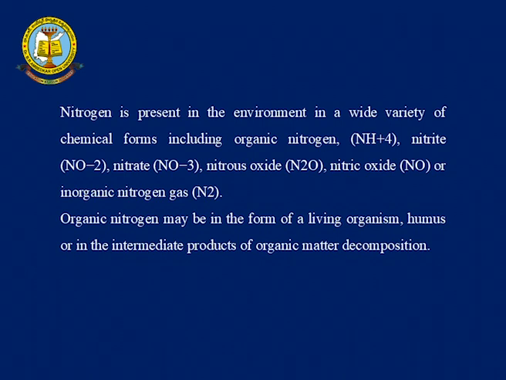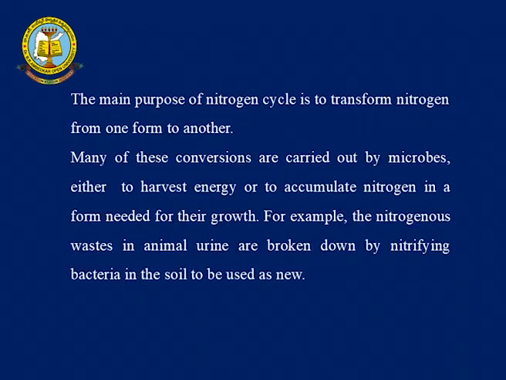Organic nitrogen may be in the form of living organisms or humus or in the intermediate products of organic matter through decomposition. The main purpose of the nitrogen cycle is to transform nitrogen from one form to another.